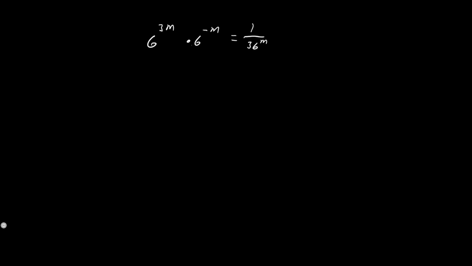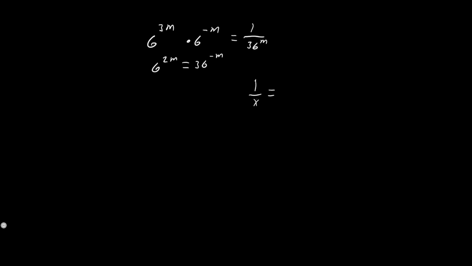Here we can group the left-hand side first, which gives us 6 to the power of 2m, because we have 3m minus m, giving us 6 to the power of positive 2m. And all that is equal to 36 to the power of negative m, because on the right side we have 1 divided by 36 to the power of m.